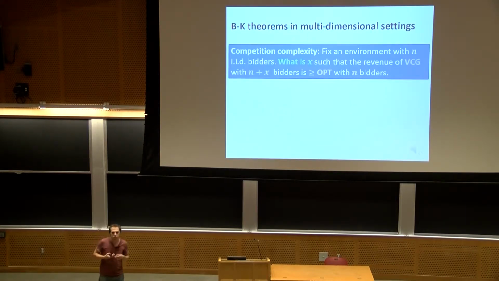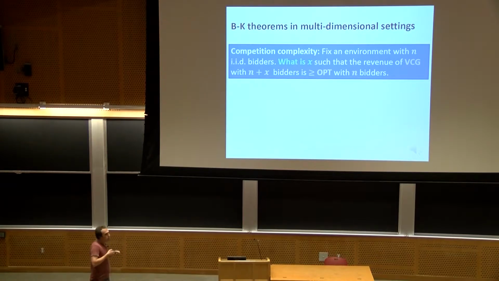Okay, so in order to describe our result, we coined the term computation complexity, which roughly means how many bidders we need to add to the original environment in order for running VCG with this additional number of bidders to get more revenue than the optimal mechanism without this additional number of bidders. Okay, so let me repeat it.